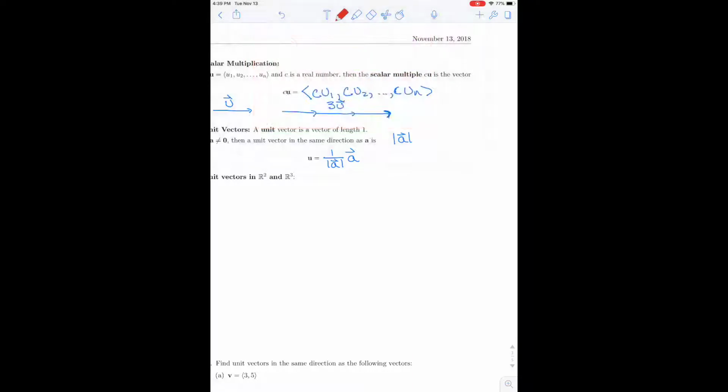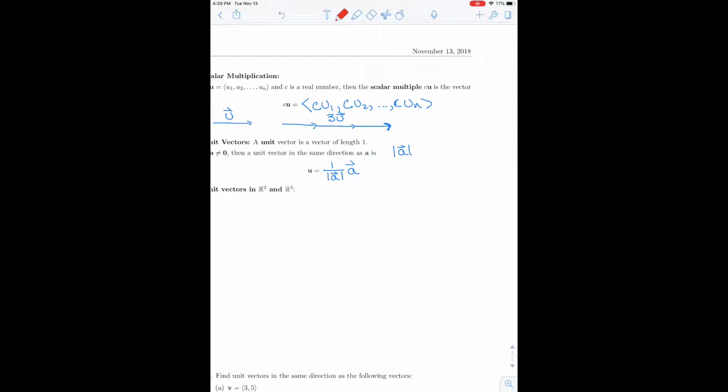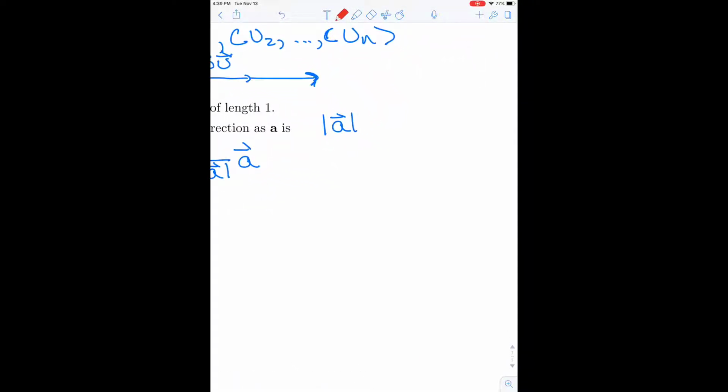I'll make a little side computation here because the length of u, the unit vector, will now be the length of a divided by the length of a, which is 1.